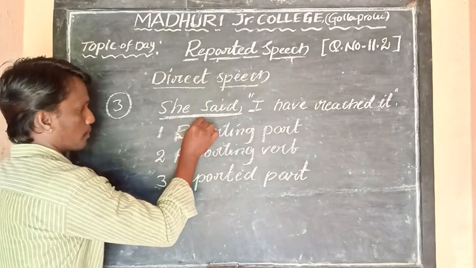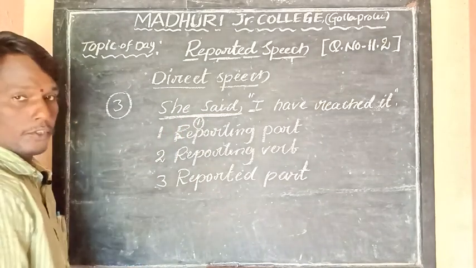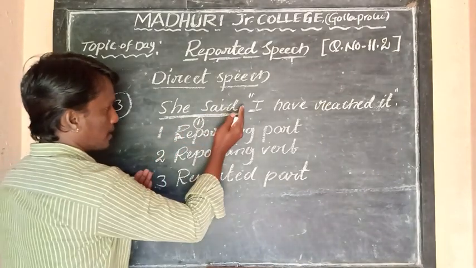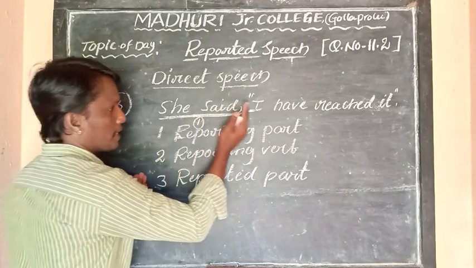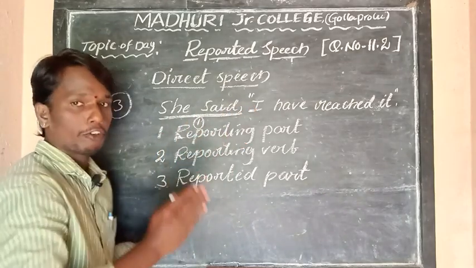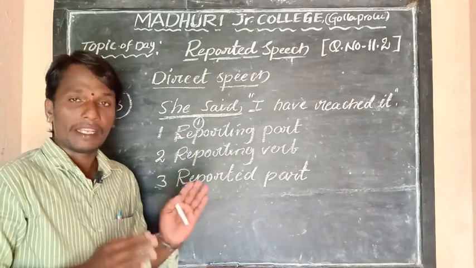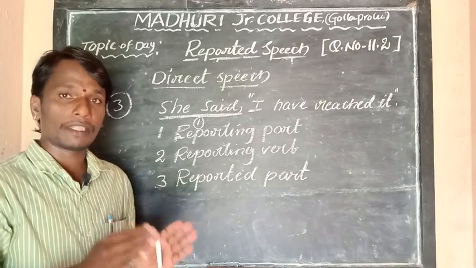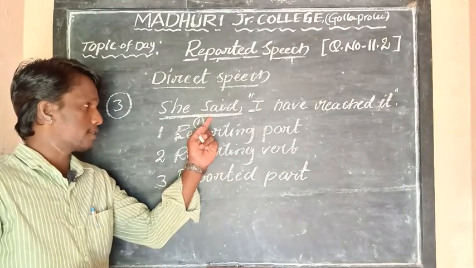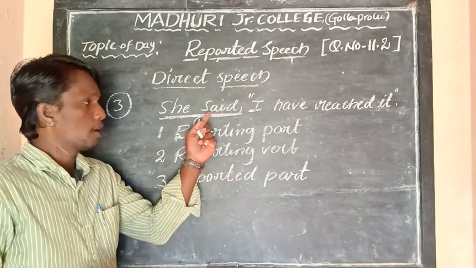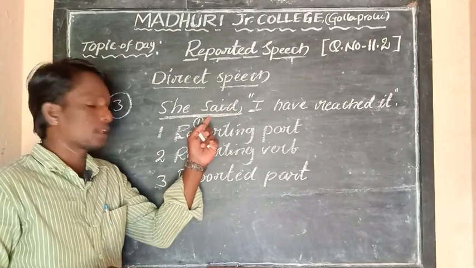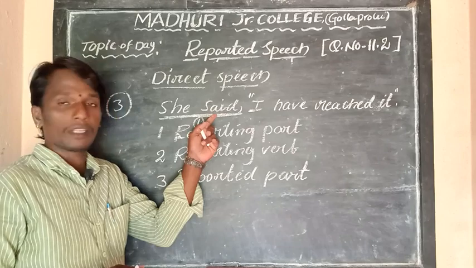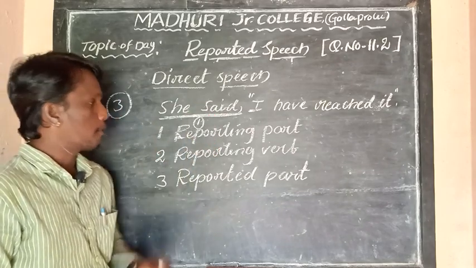This is part 1. Part 1 is a sentence before the comma, or a sentence which is not enclosed within the inverted commas. A sentence which is not enclosed within the inverted commas is nothing but reporting part, or you can say a sentence before the comma.